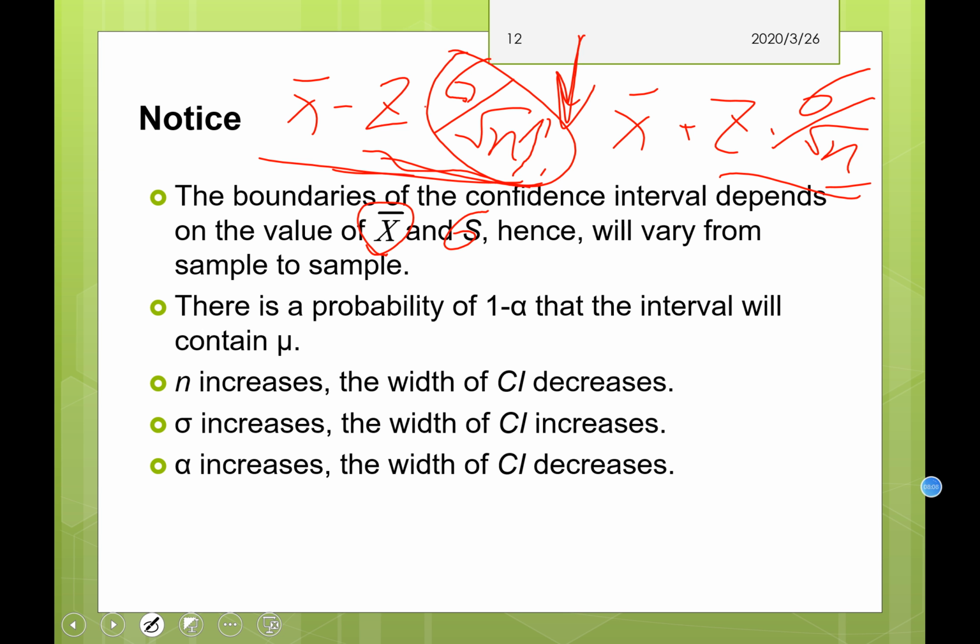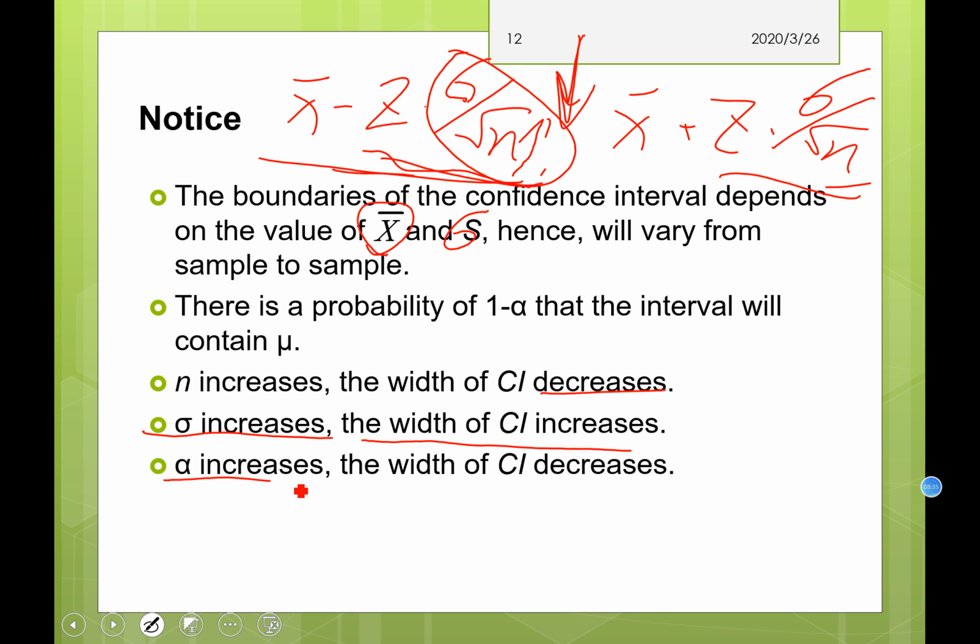Yes. So the width of the confidence interval decreases. Yes. When sigma increases, that is similar to what happened in the third one, the width should increase.